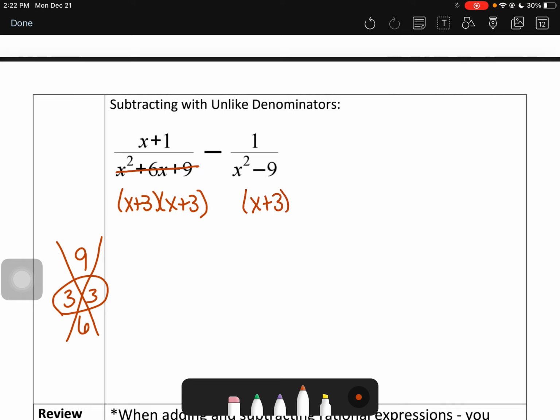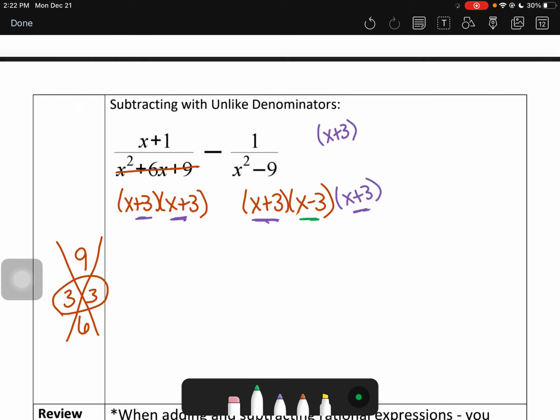And then we have x plus 3 and x minus 3. This one is a challenge problem, and here's why. Because we have two x plus 3's and only 1 here, so we have to multiply both the top and the bottom by x plus 3 in order to get two of these factors to be the same as these two.